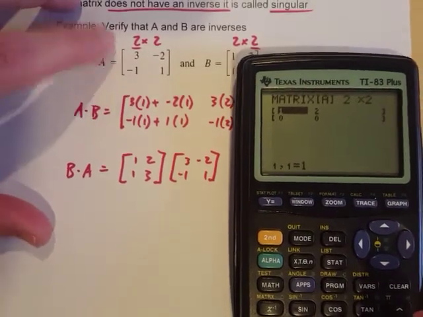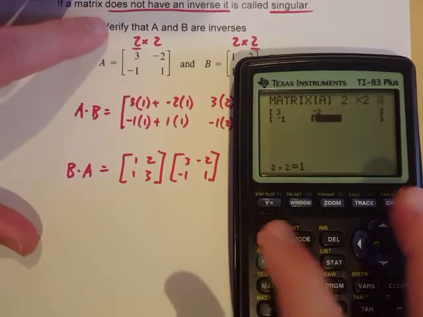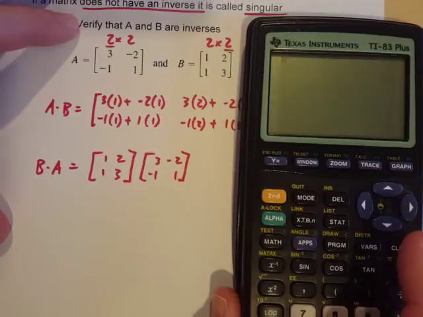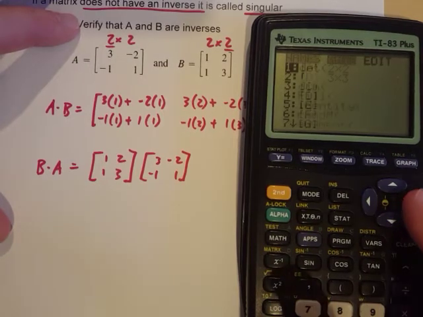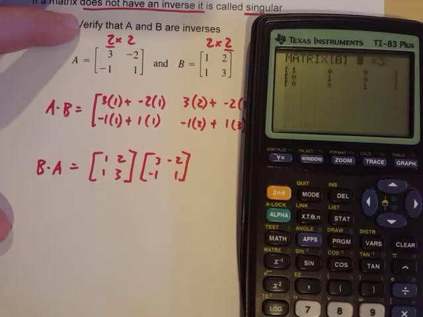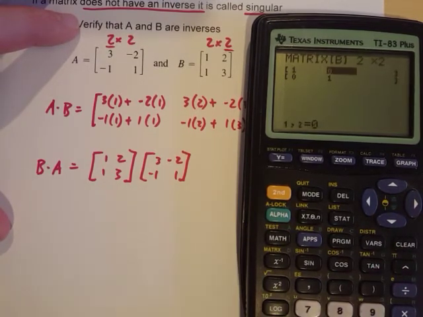So A up here is 3, negative 2, negative 1, 1. All right, then once I have that in there, I'm going to quit out. This calculator automatically saves it. Go back to second matrix. This time I'm going to edit B and put that in as a 2 by 2. And so then it's 1, 2, 1, 3.